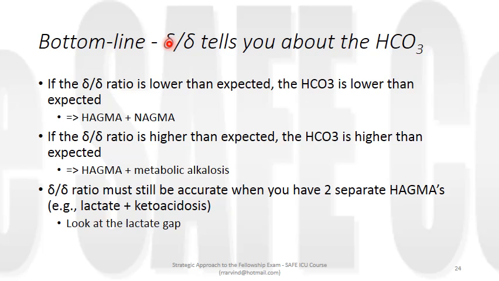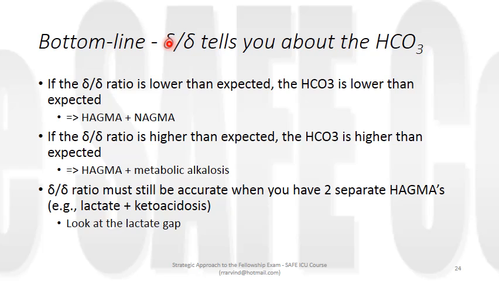For example, if we take our previous patient, the lactate is 10, but the anion gap for some reason is not 22 but 32. Clearly the lactate of 10 is not able to account for that anion gap of 32. You have to have some other process going on, and you'll have to think of other causes of high anion gap metabolic acidosis.